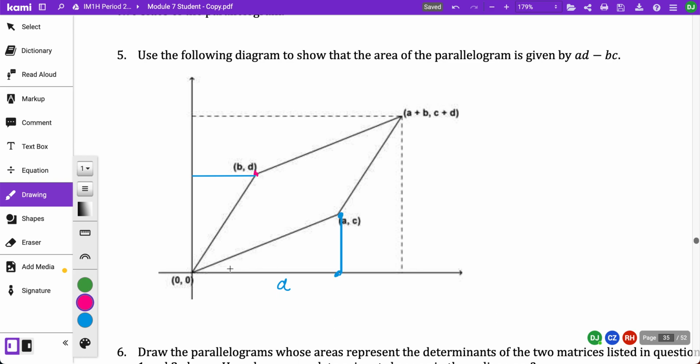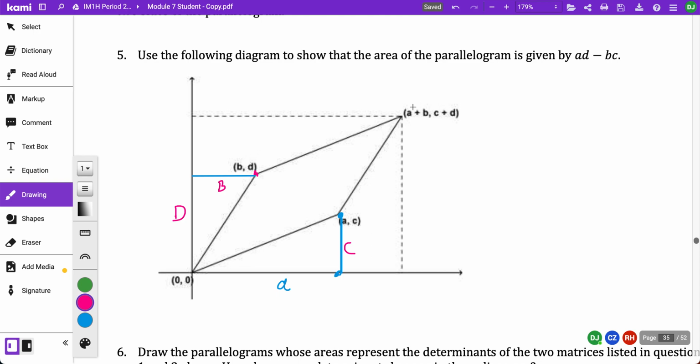So if this point is AC, horizontal to here is A, the vertical is C. So far, so good. Over here, I know that this vertical, so this piece right here, is D, and then that this part right here is B.